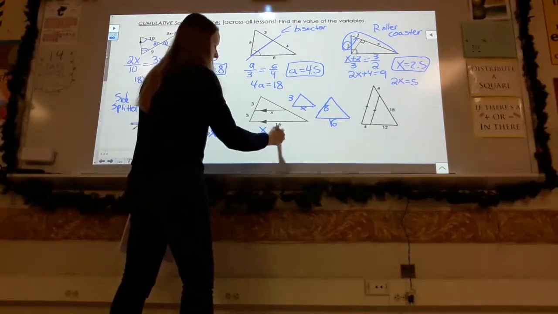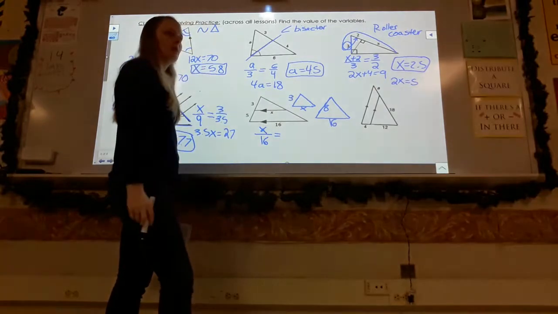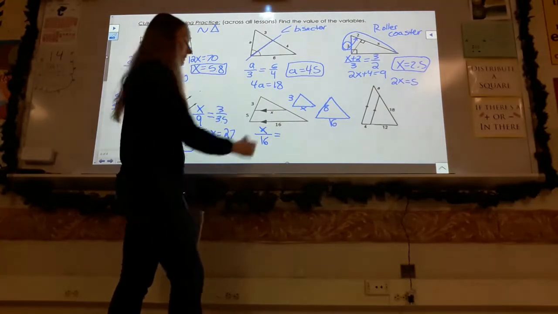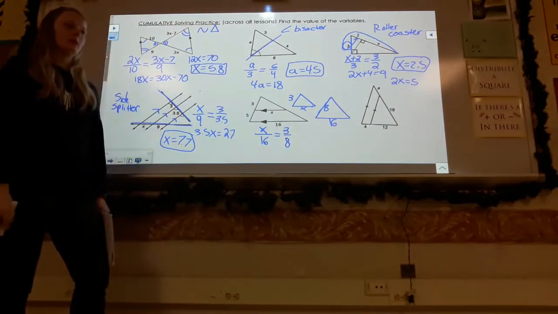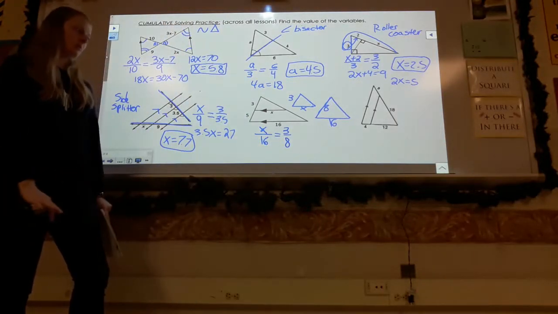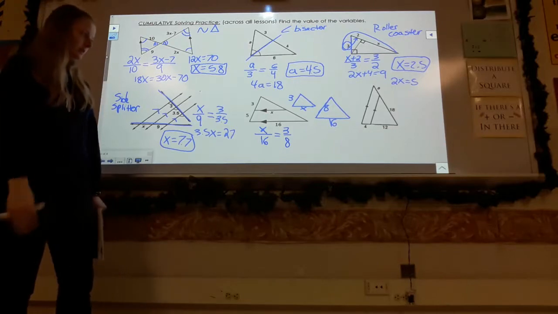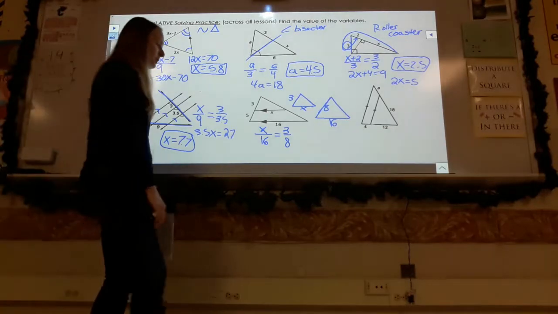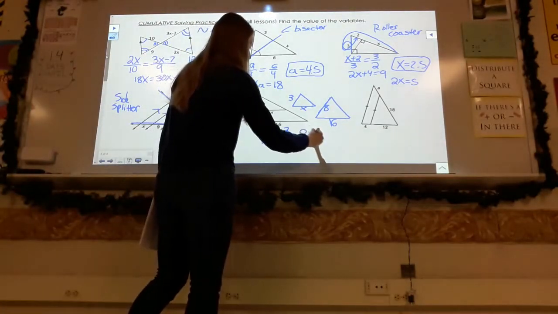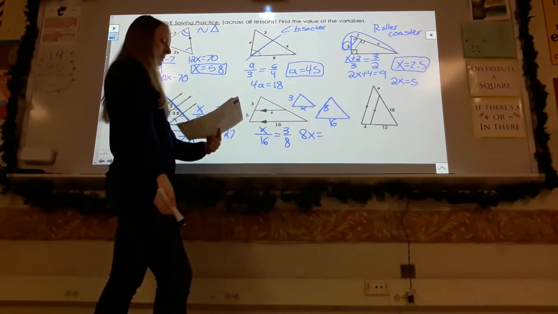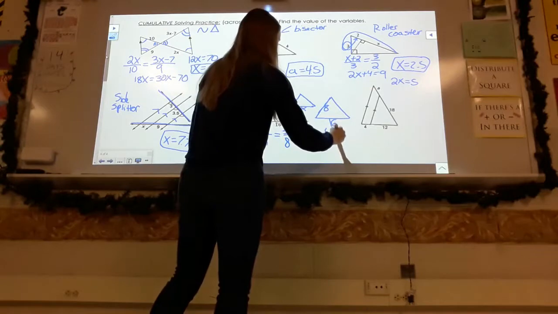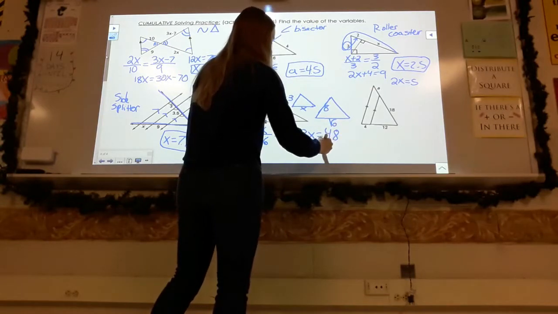And then you go back to the original triangle over here. So how would I write the second proportion? 3 over 8. Alright, so separate the triangles, redraw them, and then you can see the matching parts and then write the proportion. So then you cross multiply 8x equals 48, yep. So x would be 6.